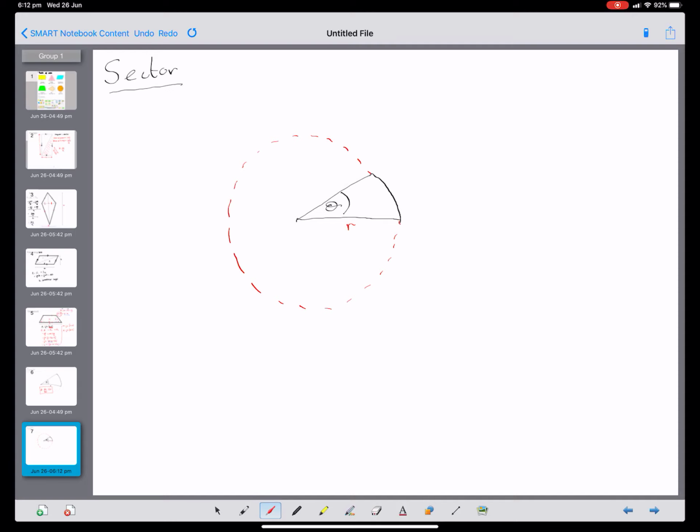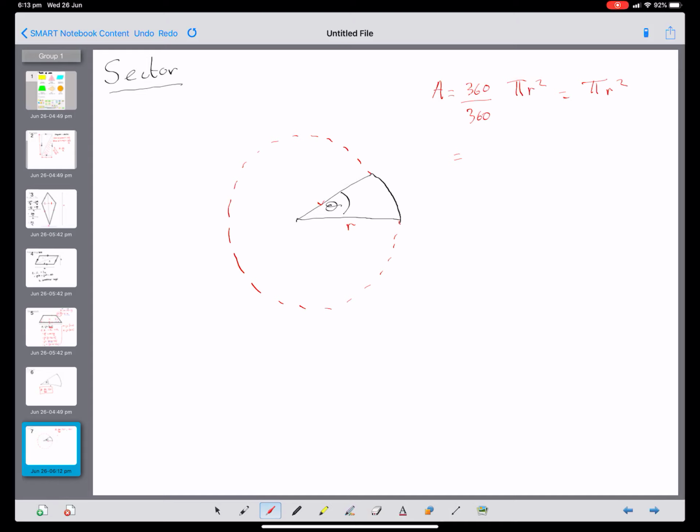Now, the area of a full circle is just going to be 360 over 360 multiplied by pi r squared. 360 divided by 360 is just 1, so we just write it as pi r squared. Now we have a fraction of 360.